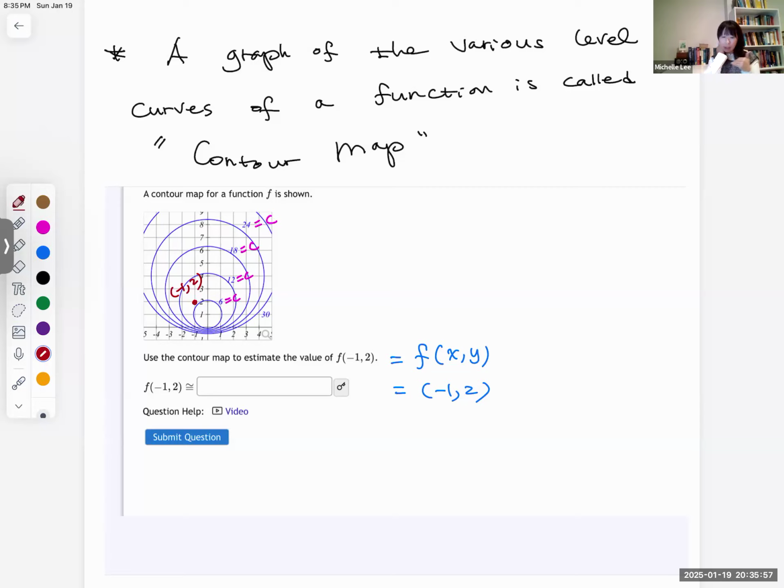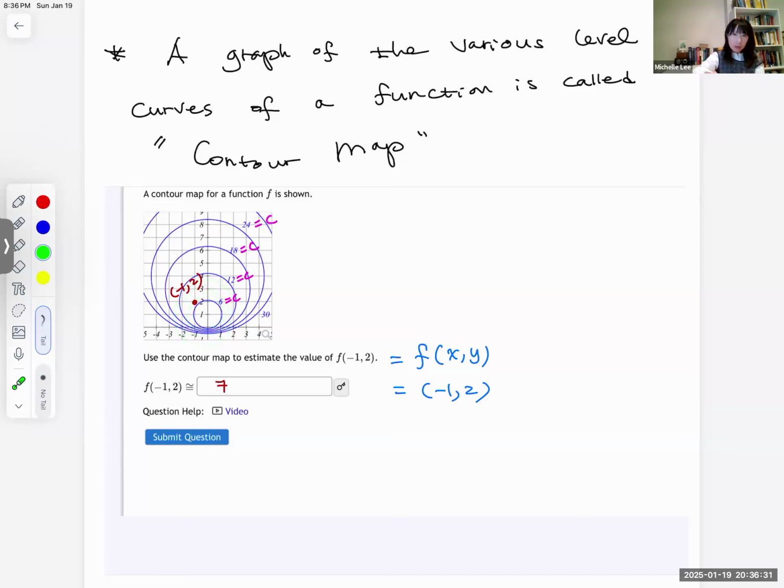So basically, what is the level curve at the point, right? I want to say the 7. What do you think? 7. Yeah? Is okay? So 7, 8, 9.